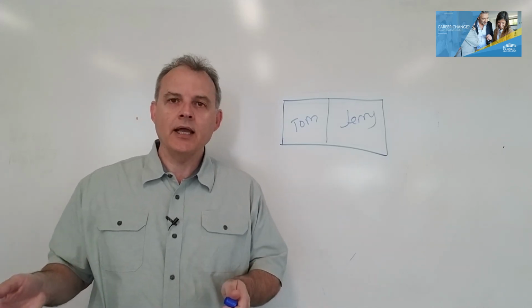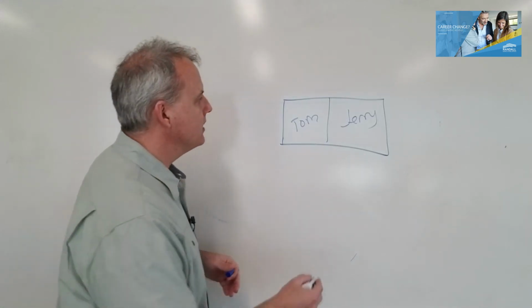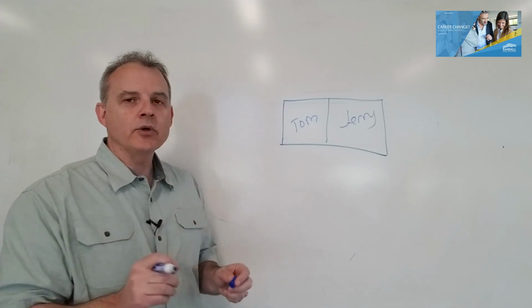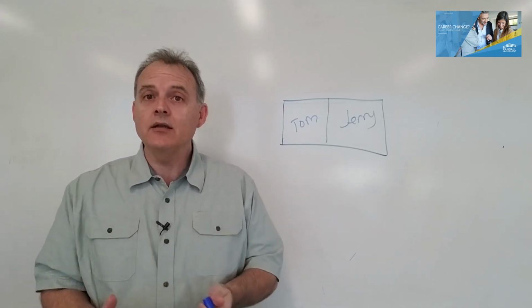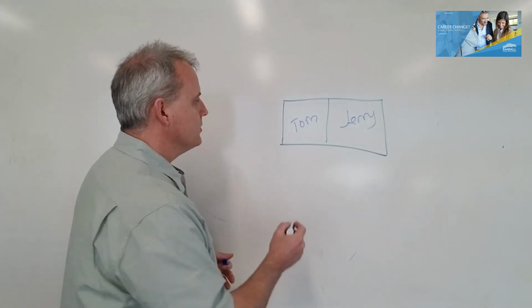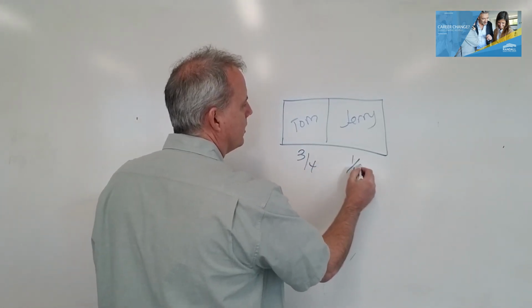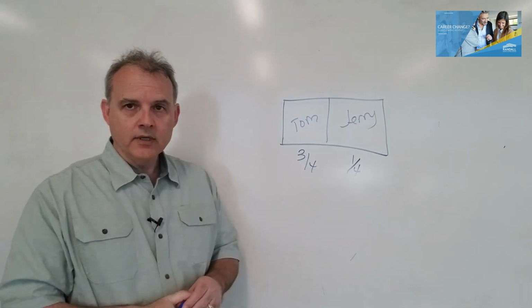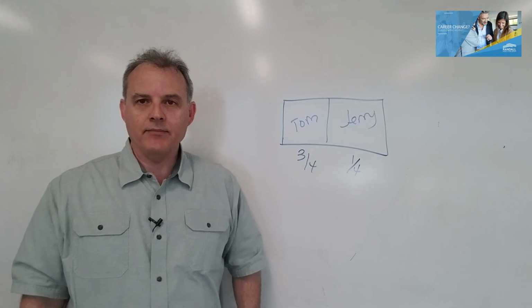Tenants in common isn't like that. So it could look like joint tenancy, but it's not. The other thing that's awesome is there doesn't have to be equal ownership. There can be, but it's not required. So let's say Tom owns 3/4 and Jerry owns 1/4. So he owns 75% of the grocery store, Jerry owns 25%.